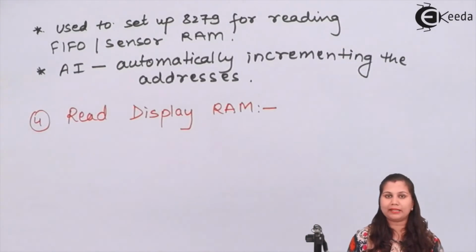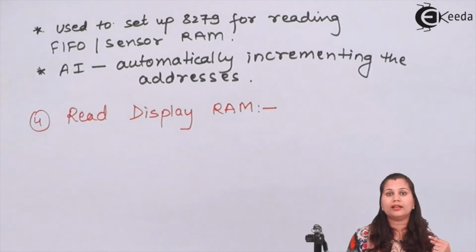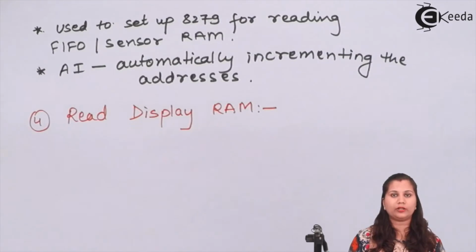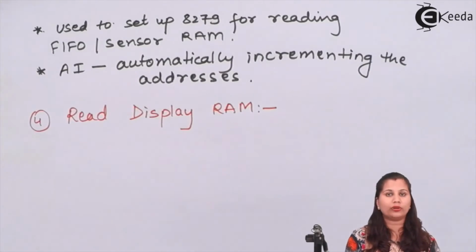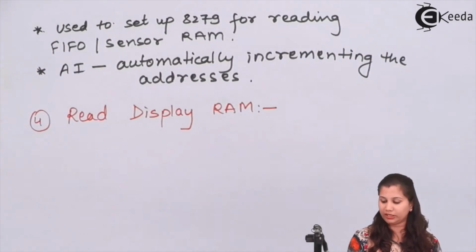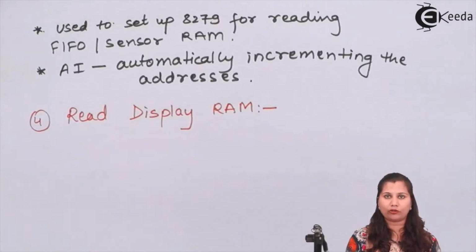This display RAM can be either read or written, but the RAM associated with the input devices can only be read, it cannot be written, because input is always provided to the 8279, the 8279 never provides the input. So this FIFO and sensor RAM are always read, no write operation is associated with them. And display RAM has both the read and the write options.